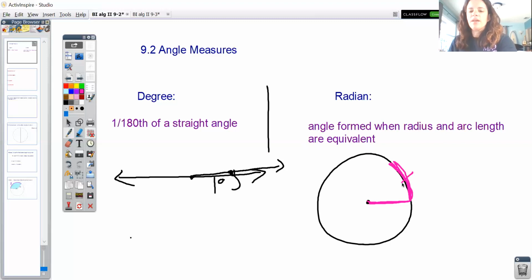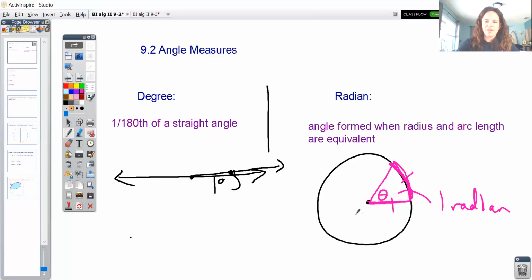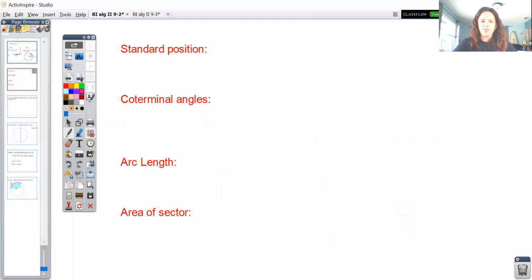If those two lengths are equal, then the angle that's swept out here, that would be 1 radian. So which is bigger, a degree or a radian? Yes, good job. A radian is way bigger than a degree. And we'll see what that conversion is in just a little bit. So those are our two different forms that we have for evaluating angles.